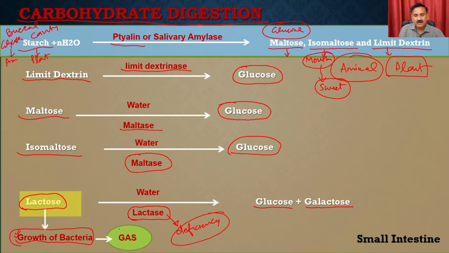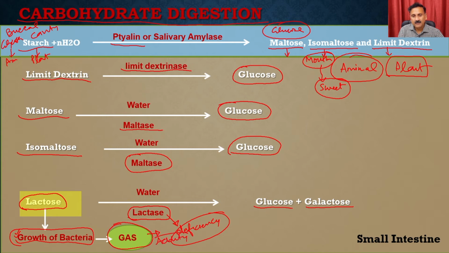One of the byproducts is gas, and that is the main reason that lactose intolerance is responsible for the production of gas in the small intestine and within the alimentary canal, and that also causes severe acidity and other kinds of reactions.